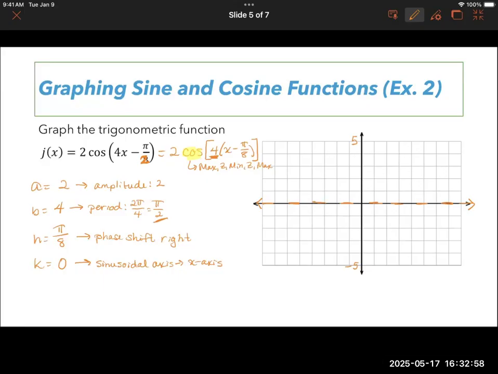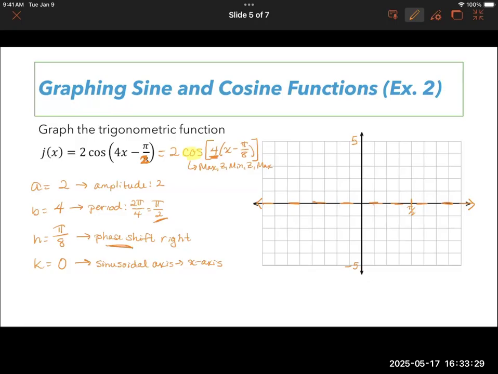I am going to move that so that normally, I'm going to go 4 units to the right, and I'm going to do this from the y-axis for a moment. So this is going to be my pi over 2 mark. And the reason I'm not going all the way out to the end like I did before is because of this phase shift. I need some space to be able to move this.